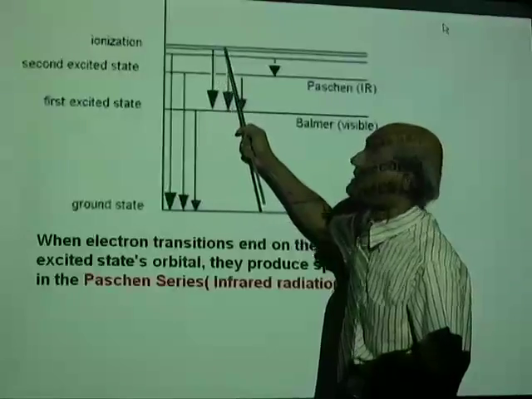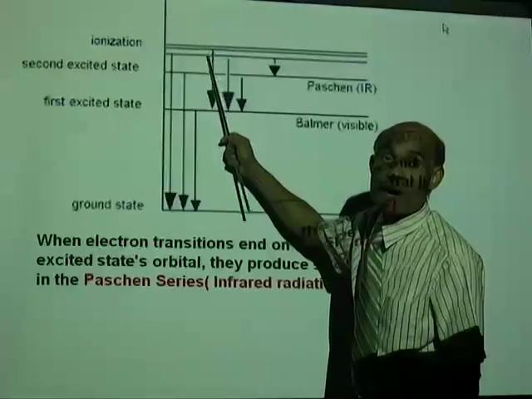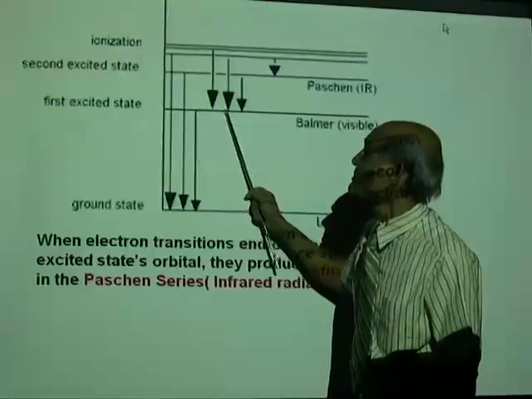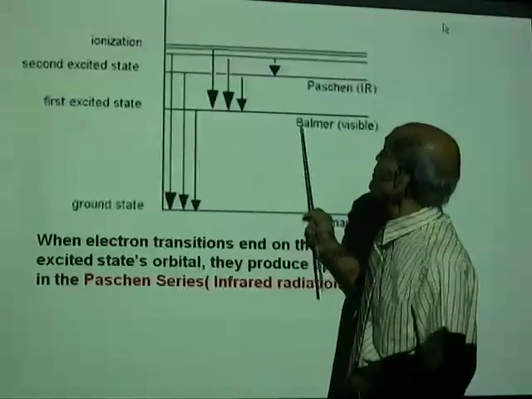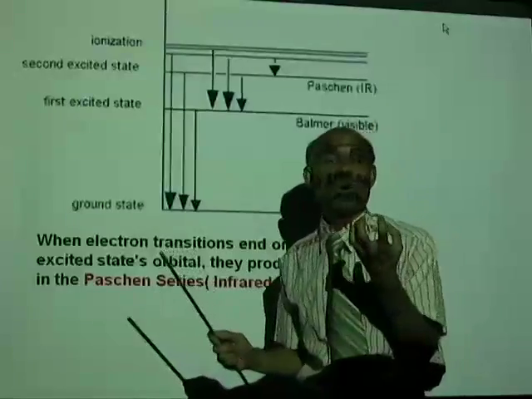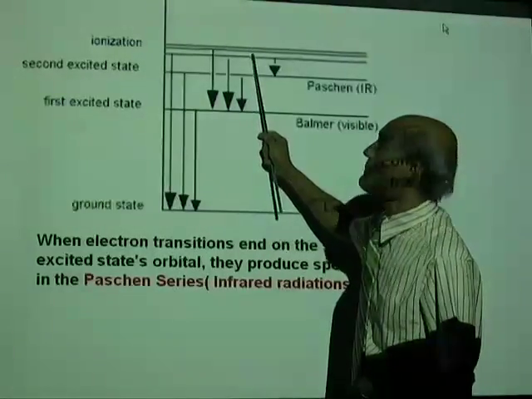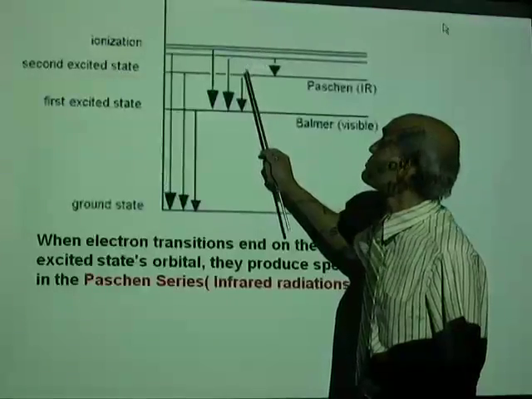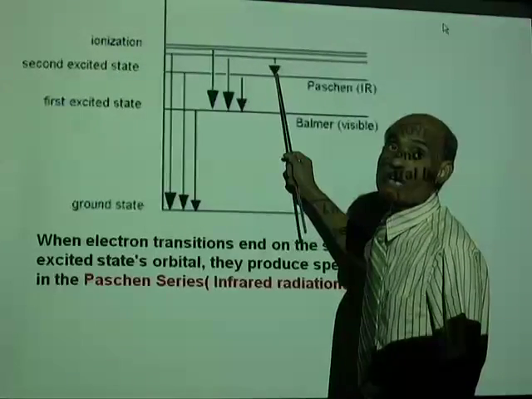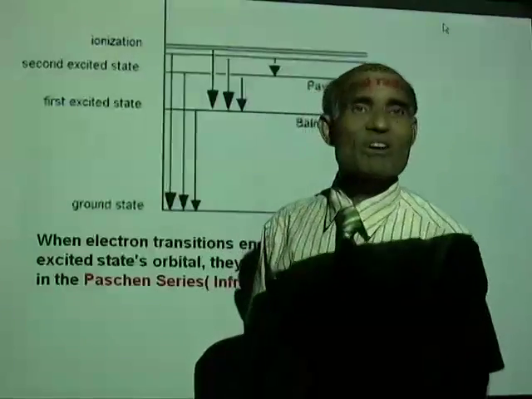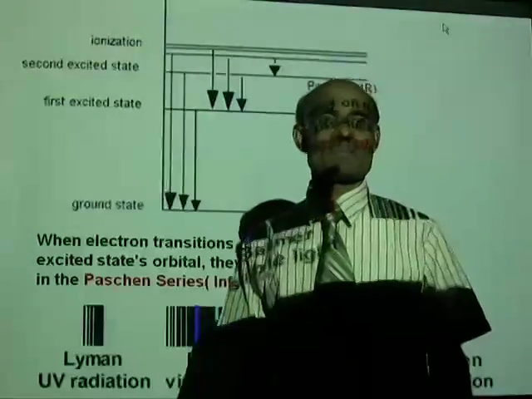The transitions from higher excited state to the first excited state, n equal to 2, constitute the Balmer series or the visible light. And electron transitions from higher excited state to n equal to 3 constitute the Paschen series or the infrared radiations.